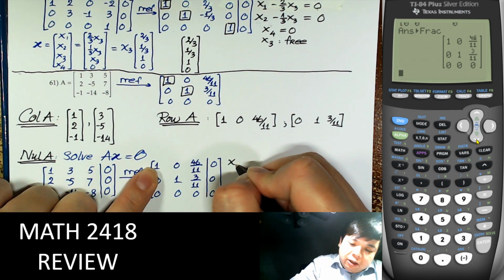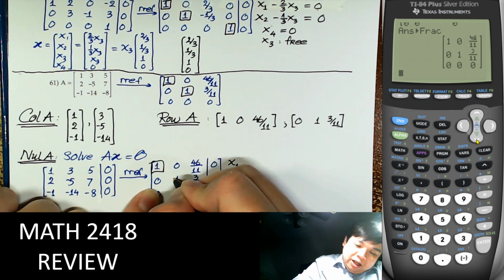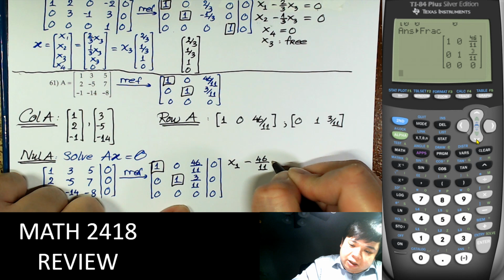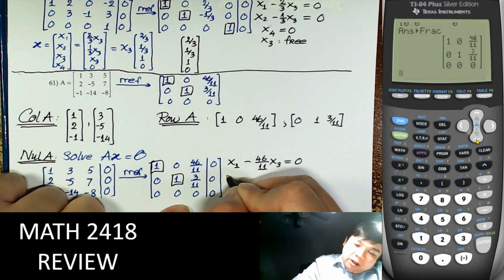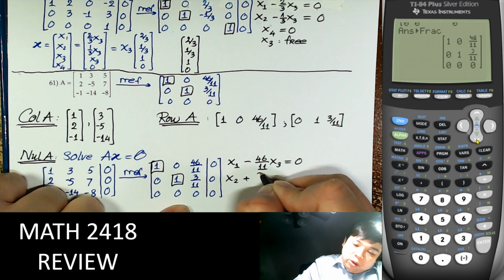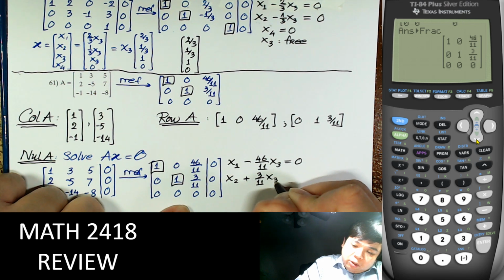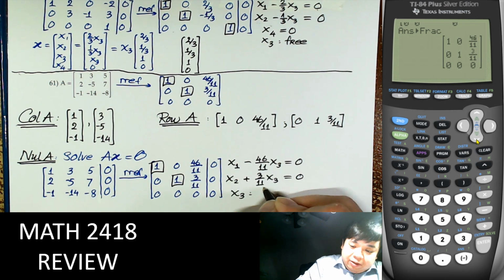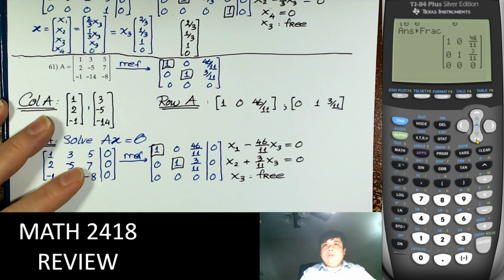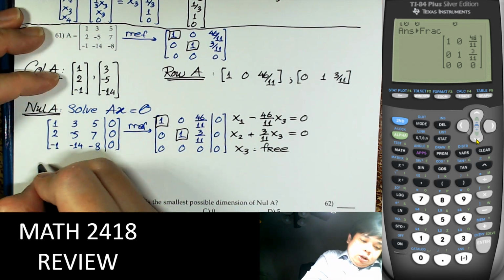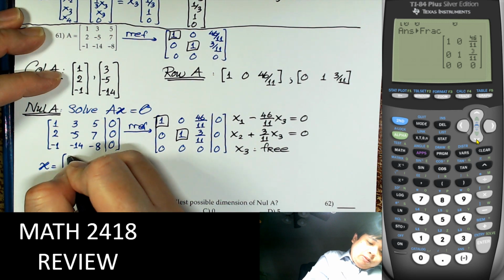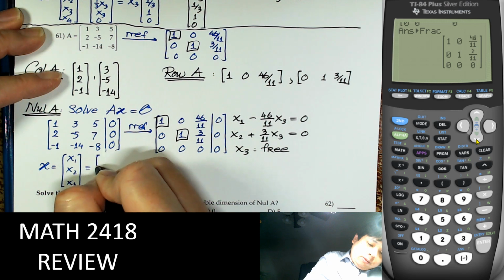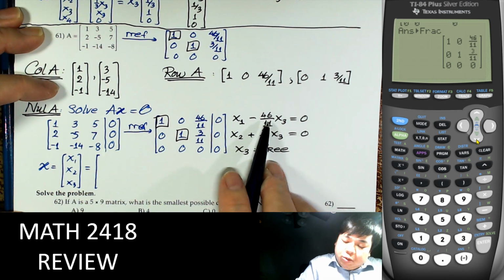So we write x1, pivots here and here. x1 minus 46 over 11 x3 equal to 0, x2 plus 3 over 11 x3 equal to 0, and x3 is free. So we have x equal to x1, x2, x3. x1, just move that to the other side.